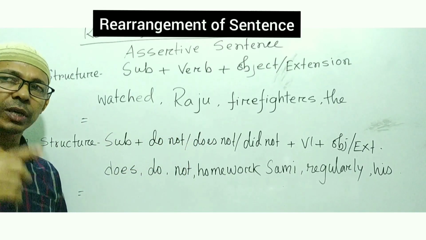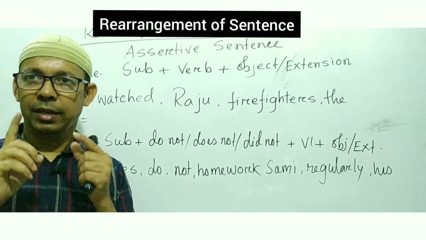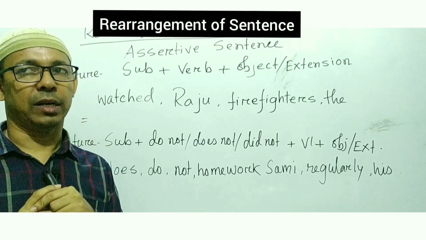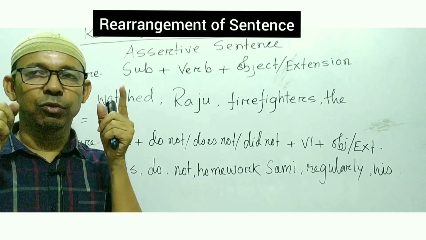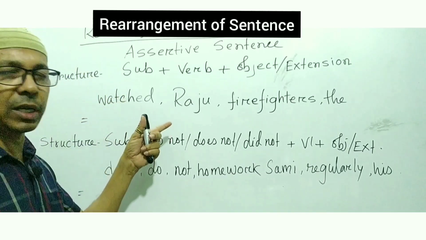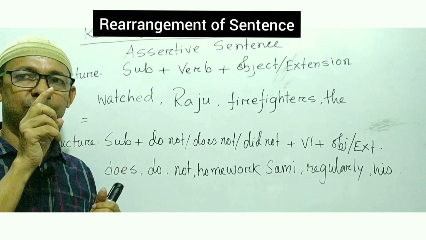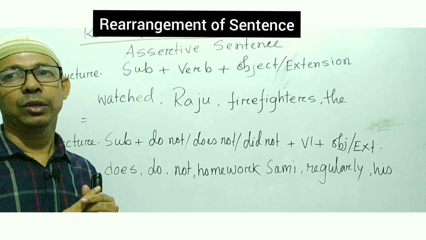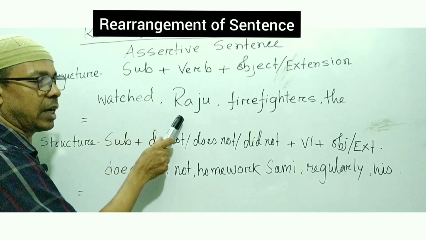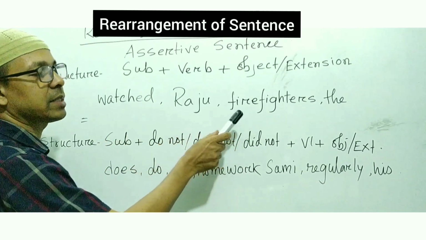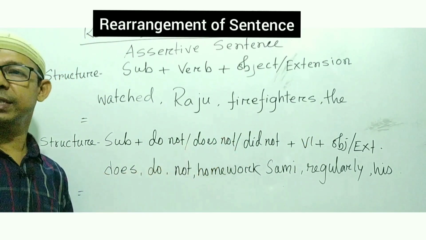So you have to think that in the subject always a noun or pronoun will be written. So if you see a noun or pronoun in the jumbled words, then you have to think those words will be the subject. Okay, so here you can see watched, a verb, Raju, a noun, firefighters is also a noun, and the. So my dear students, firefighters is a profession.